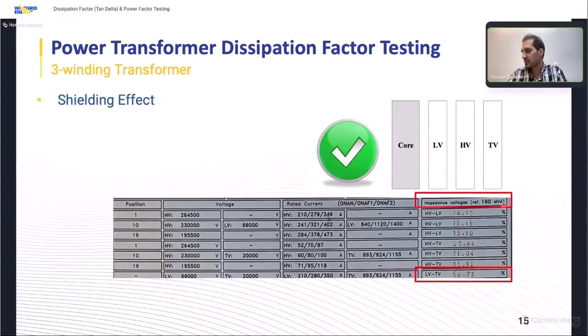So in such cases, we will have also higher value for tertiary winding short circuit impedance. But normally they use high voltage winding power. So we would say which winding has a higher short circuit impedance in per unit. They are far away from each other, and we will have low value of capacitance in this case.